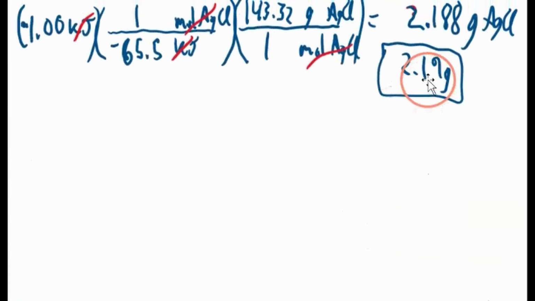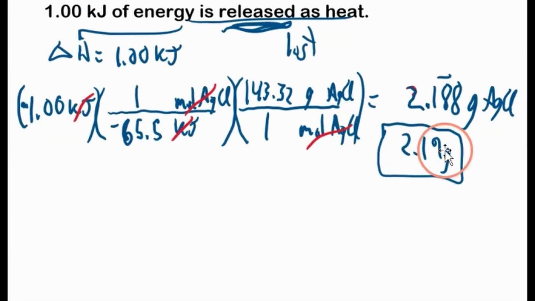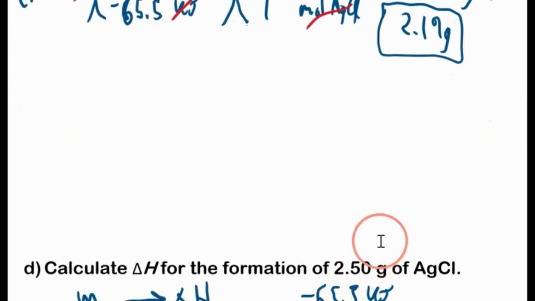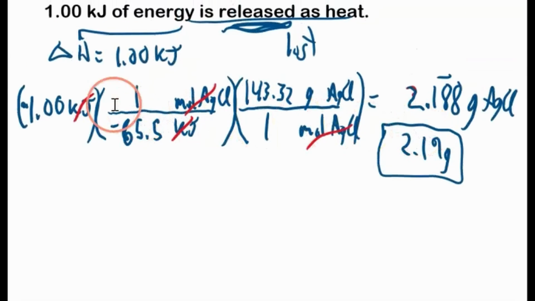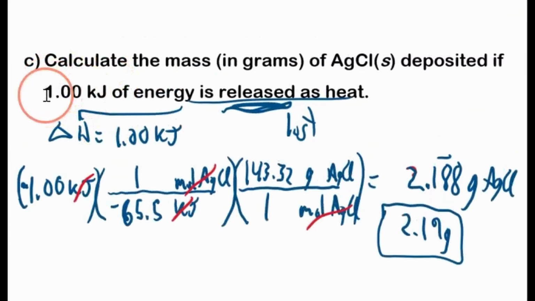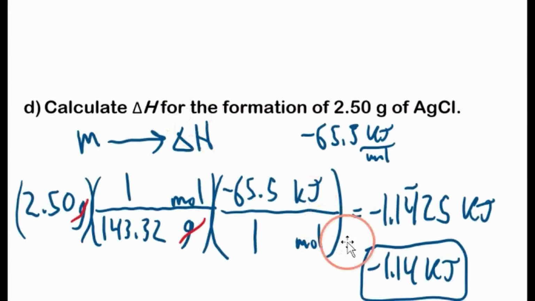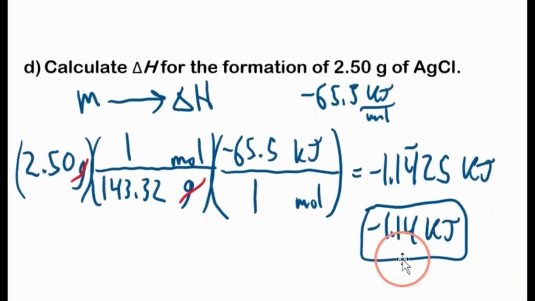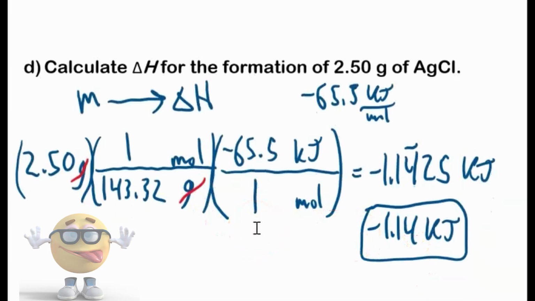The last one was a little bit less. We needed less grams of AgCl, about 2.2, which is less than this. So we should have less energy as heat. We released 1 kilojoule there, where here we released 1.1. So it's a little bit more. That's great. This one has a little bit more grams, so a little bit more energy is released as heat.